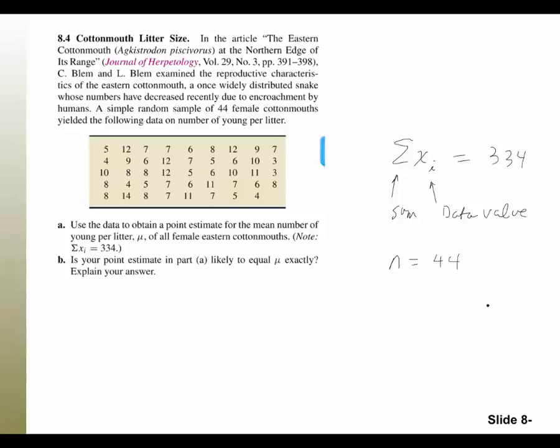So, can you find the point estimate for the population mean? Well, it would just be the sample mean. So the sample mean would be our point estimate of mu.